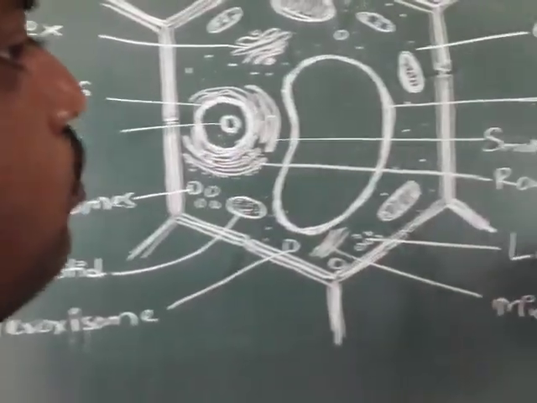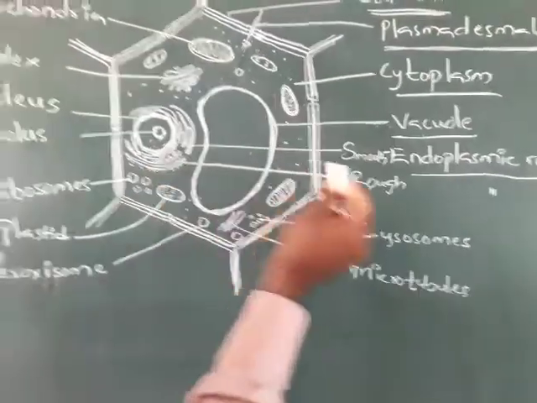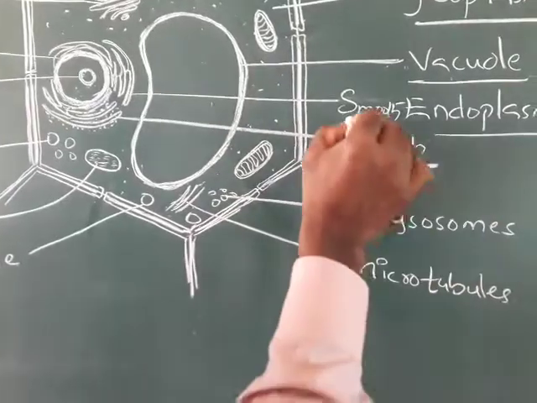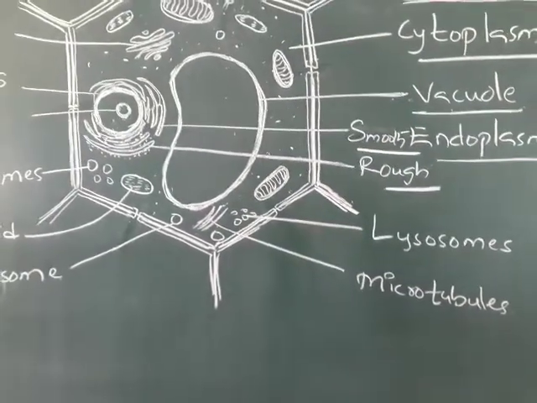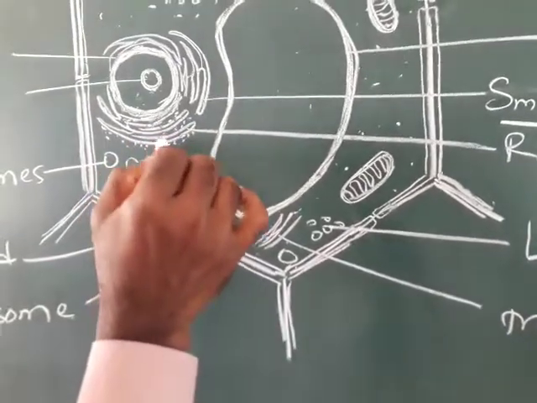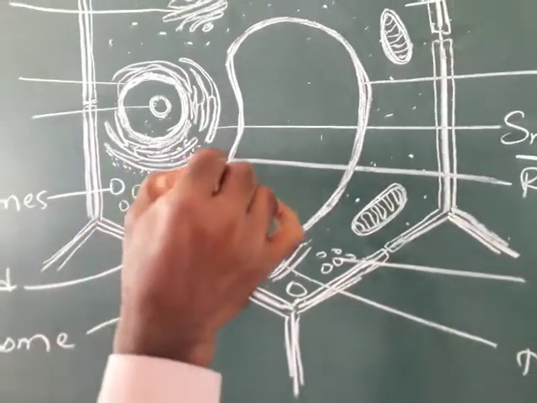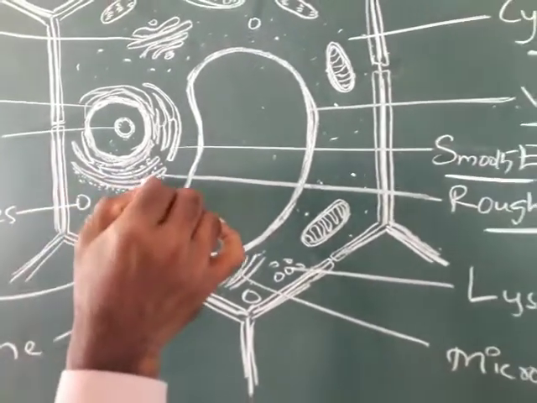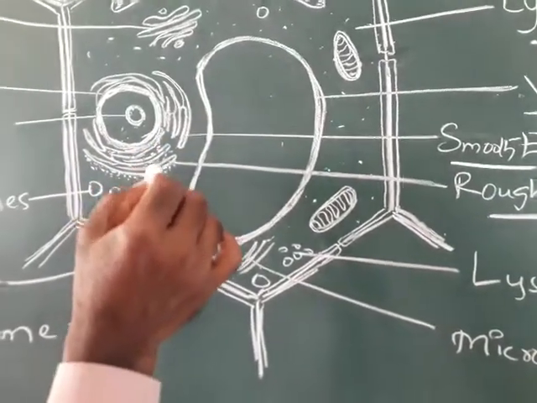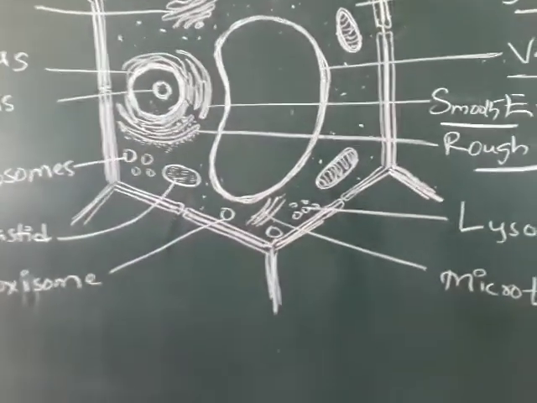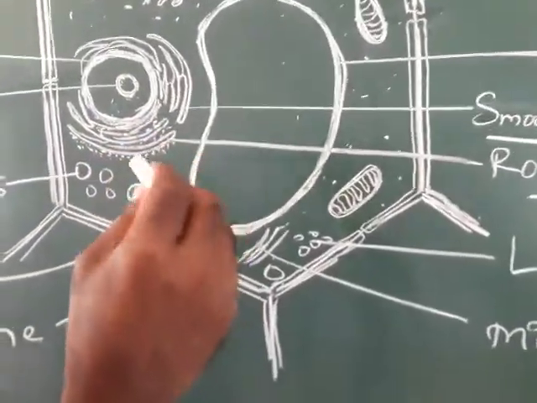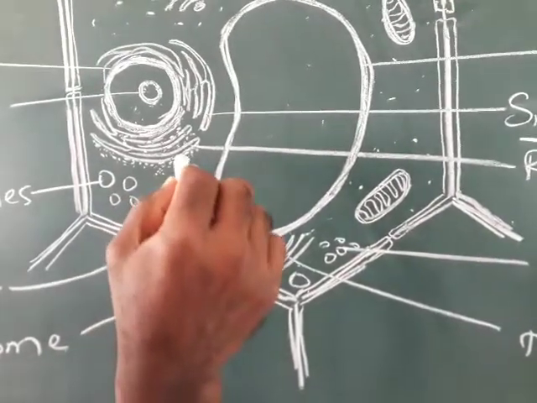The endoplasmic reticulum may be of two types: one is the rough endoplasmic reticulum, another is the smooth endoplasmic reticulum. Rough endoplasmic reticulum has ribosomes, the dotted or spotted structures present on it. It looks like a rough structure because of the ribosomes on its surface, so it is called the rough endoplasmic reticulum.